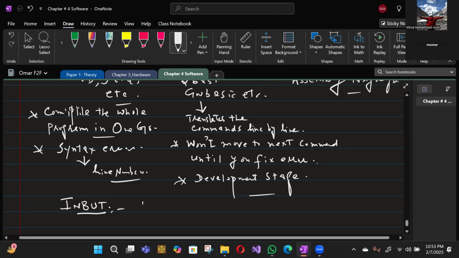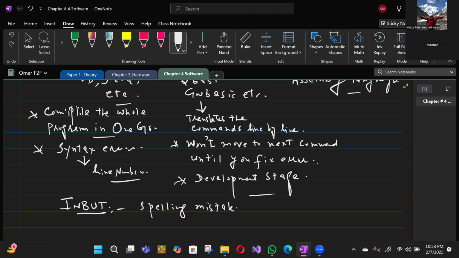Syntax error means spelling mistakes. If you forget to place a comma, bracket, semicolon, colon, etc., these are the syntax errors. Am I clear? Yes. Okay.